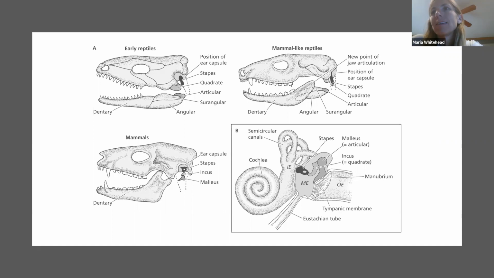And so you can see in this more detailed picture of the ear the fate of those bones, the small residual bones of the inner ear.